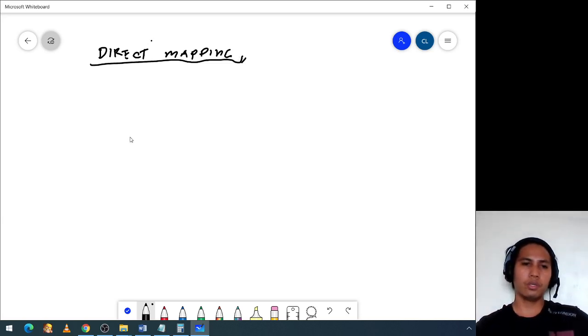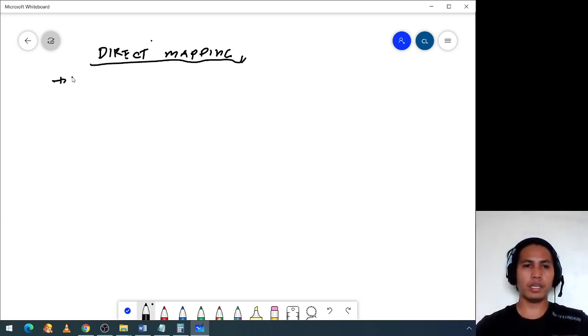So, let's define first direct mapping. It places an incoming main memory block into a specific fixed position.